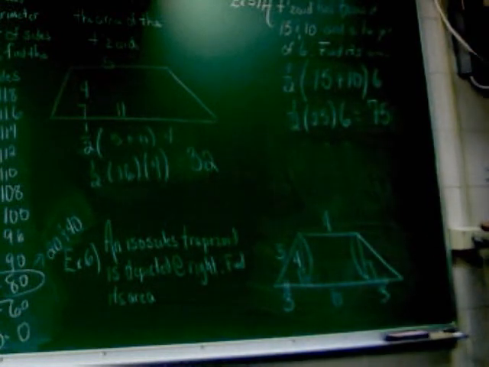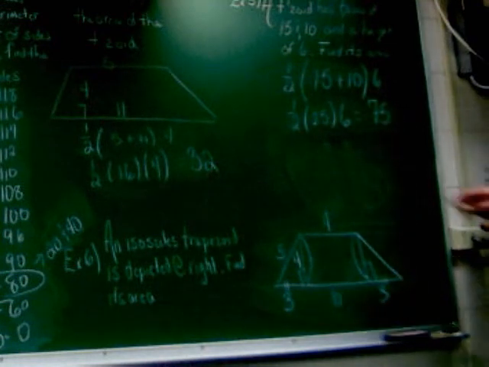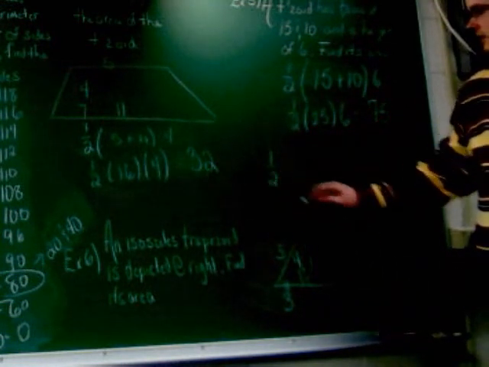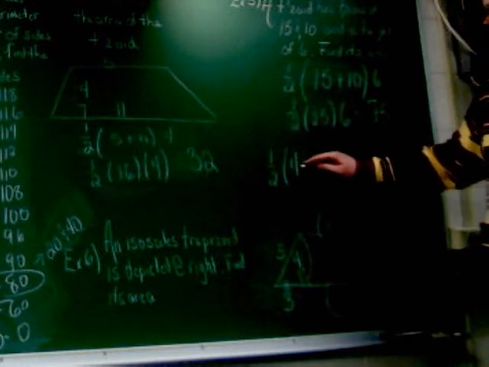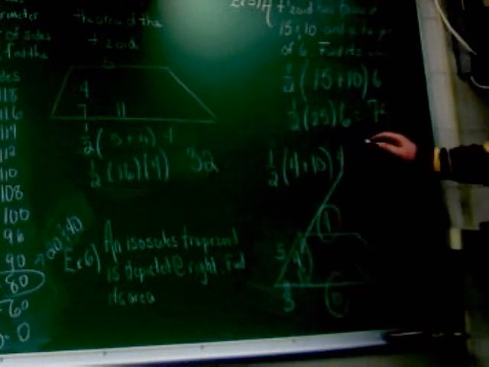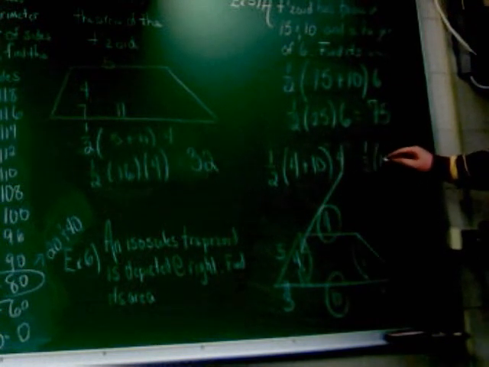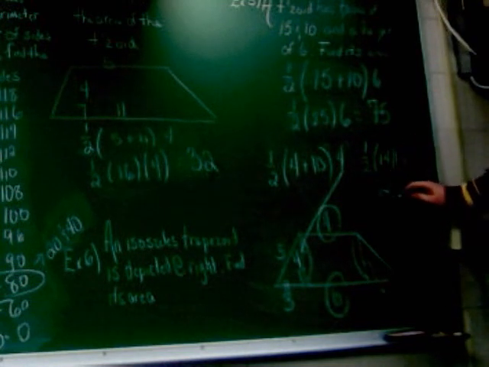And now I have the height. So now I've got all I need to find the area. It's 1/2 times the sum of the bases, the 4 and the 10, times the overall height, which is 4. So that's half of 14 times 4, 28.